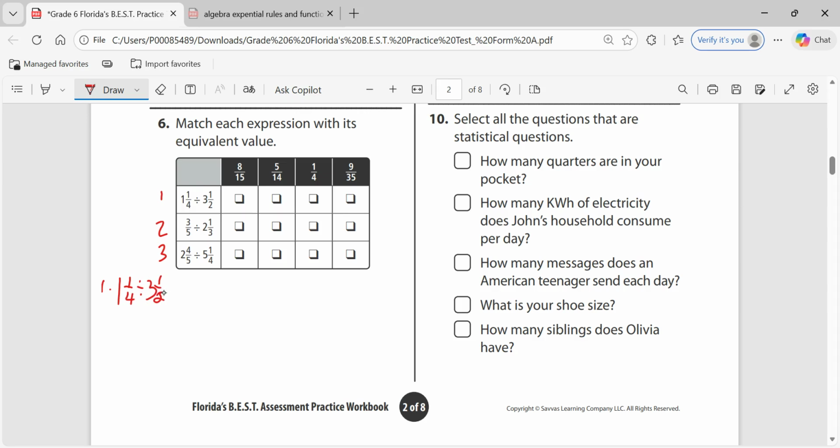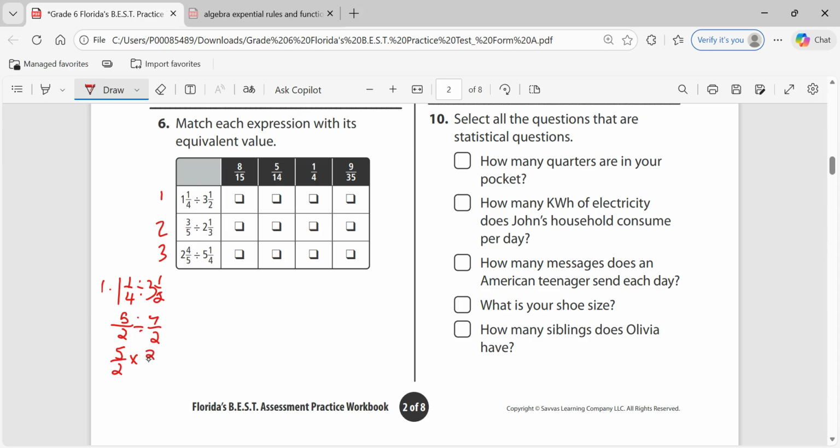First thing to do is to change it to an improper fraction. So, like before, we multiply the denominator by the whole number and add the numerator. So this is 4 times 1, which is 4, plus 1, 5/2, divided by 2 times 3, which is 6, plus 1, 7/2.